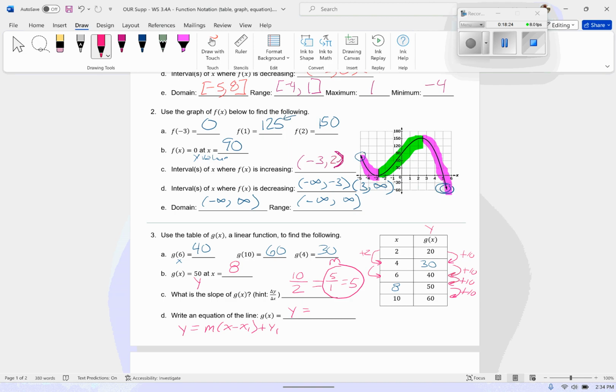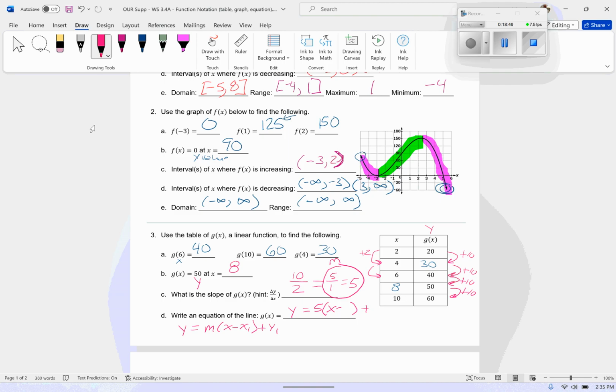We just found it above. 5. And then I'm going to have an x, and then I'm going to have a plus. Okay, now here's the crazy part of this problem. I can take 2 and plug it in there. Oh, there's supposed to be a minus sign right there. Let me make that before I go further, because I forgot.